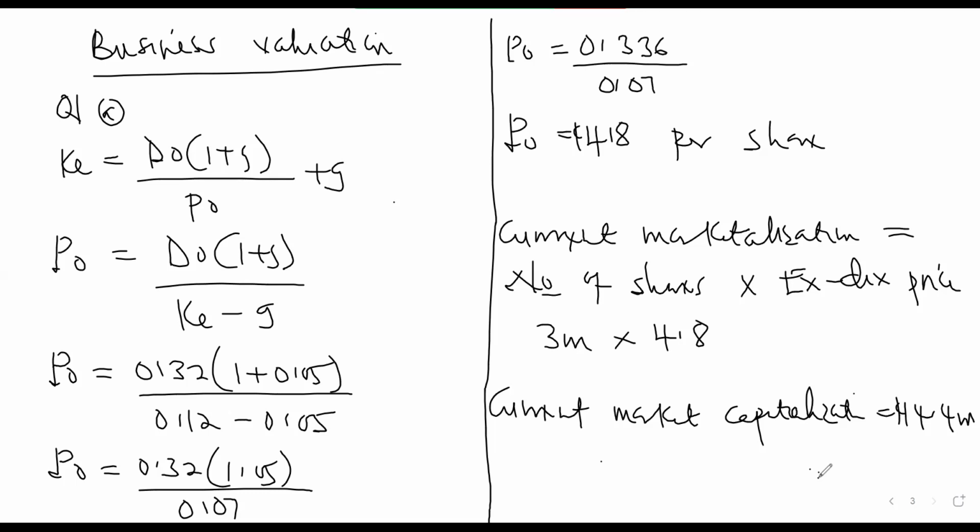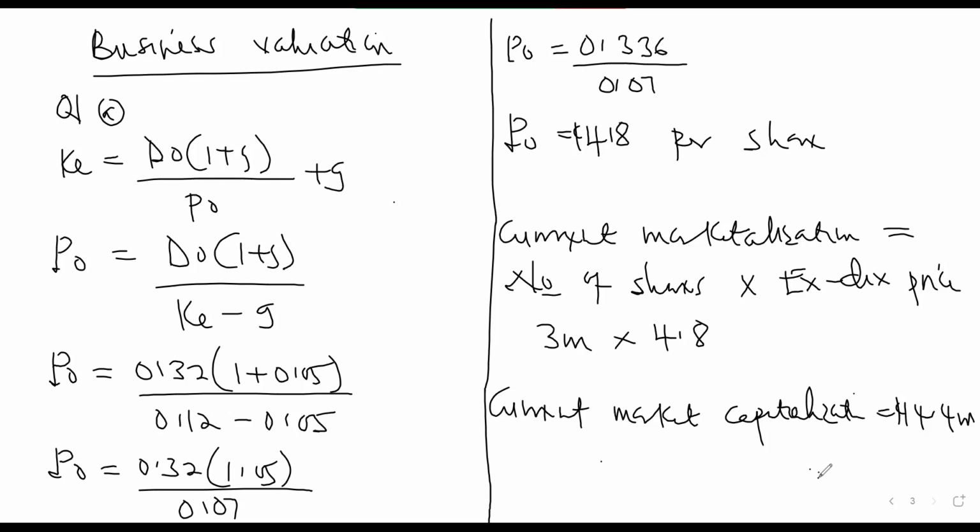They can also ask you to differentiate between market capitalization and the value of a company. The value of a company is the one we get from the statement of financial position: total assets minus total liabilities. That is the value of the company in its books.